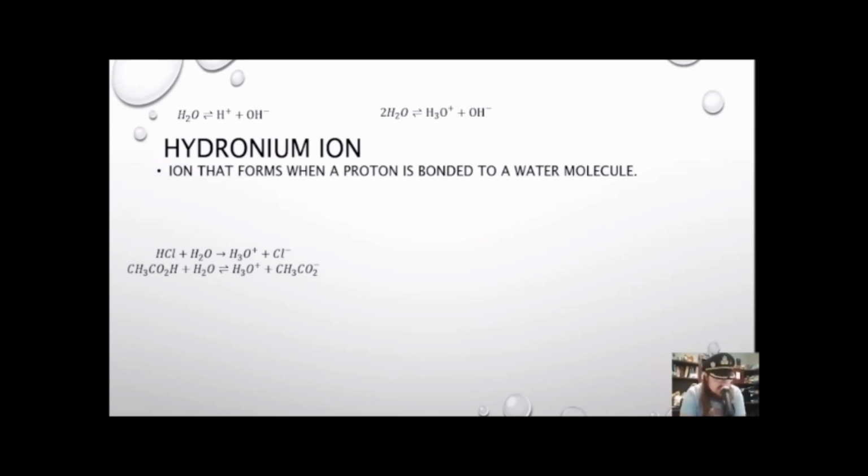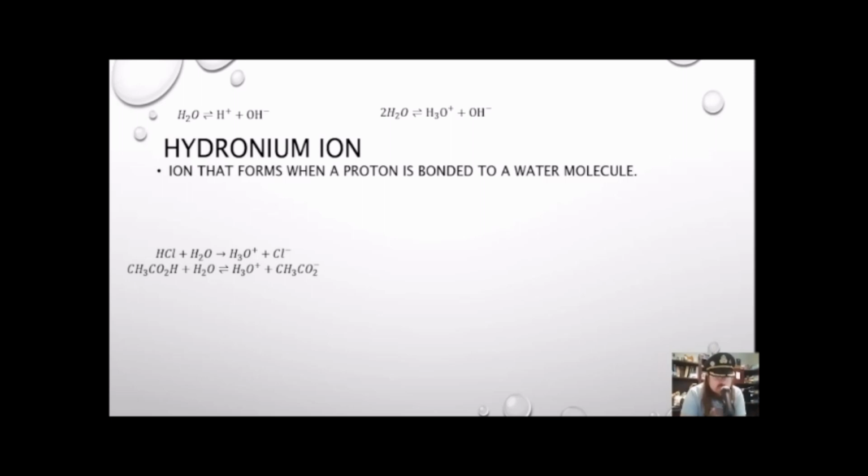Now, when we look at acetic acid, which is the active ingredient of vinegar, we call that a weak acid because this is a reversible reaction that while it can split into hydronium and acetate, it can also reverse back to reform the acetic acid in water again. And because of this, only part of it ionizes. And because of that, you don't get the full effect of hydronium.